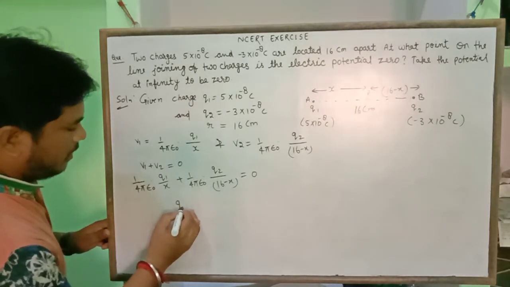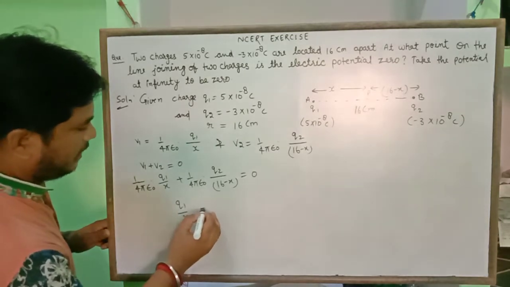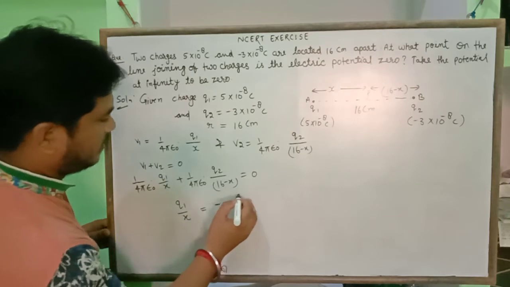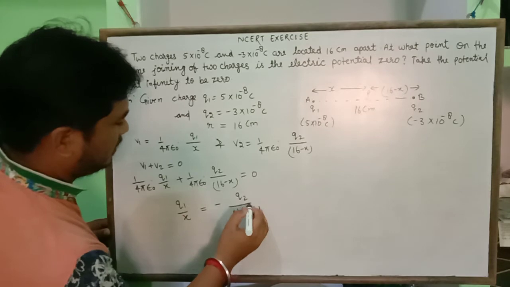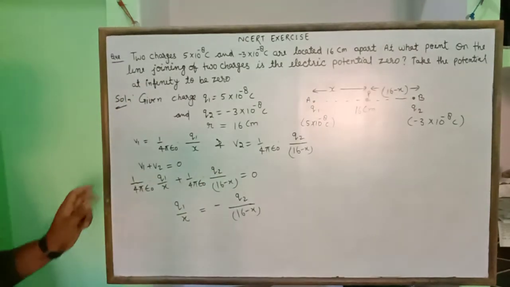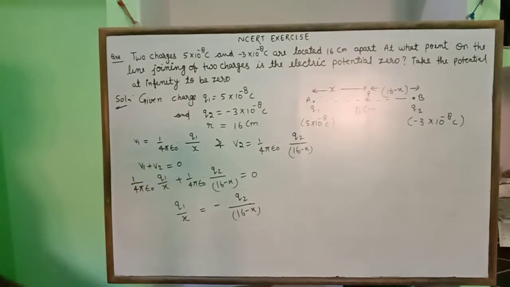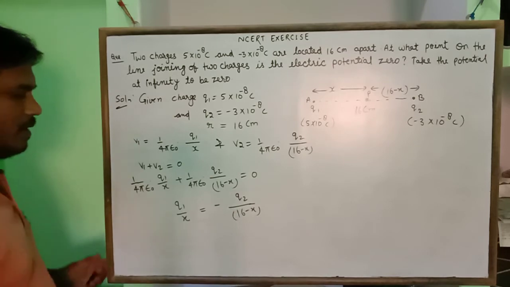Or q1 upon x is equal to minus q2 upon 16 minus x. 1 upon 4 pi epsilon is cancelled from each side.